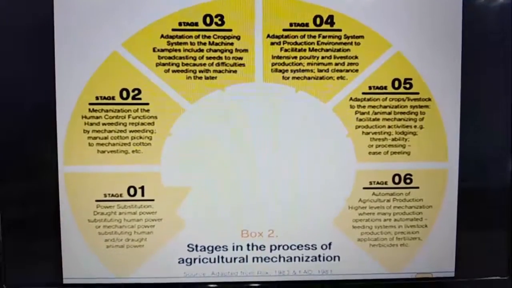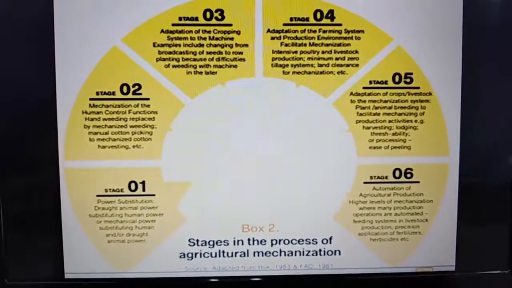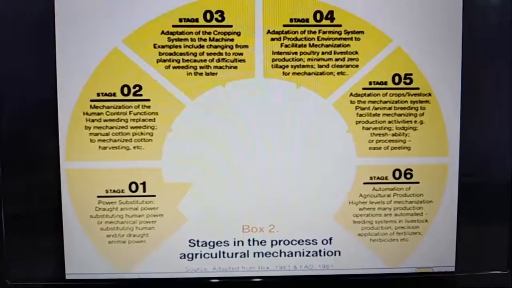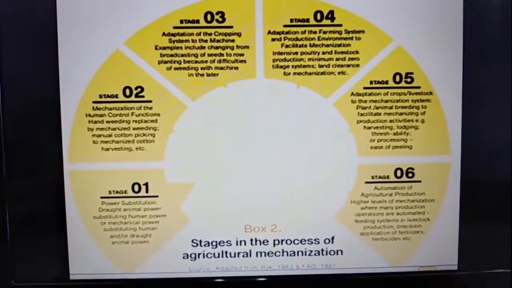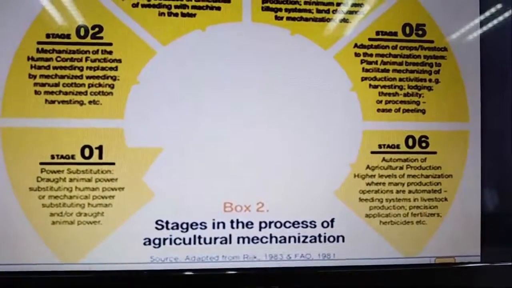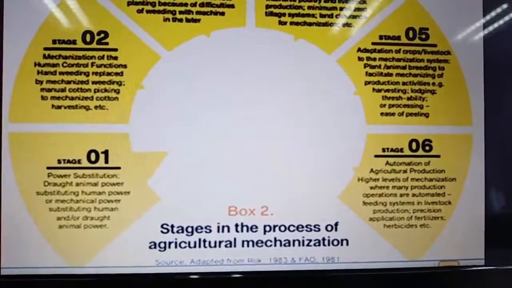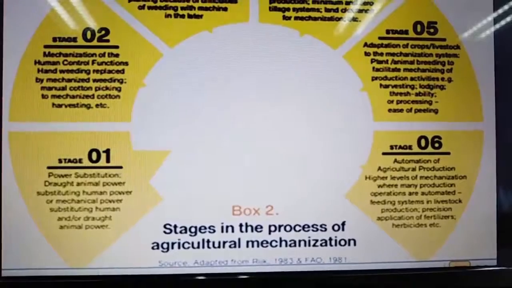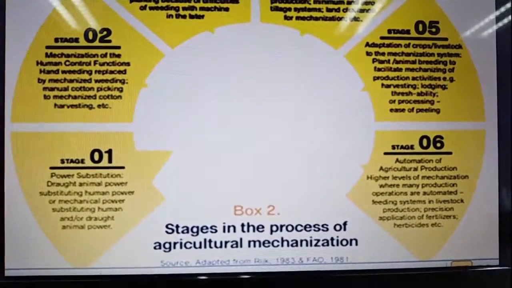Last but not least is the 6th stage, the automation of agricultural production, which means higher levels of mechanization where many production operations are automated. Feeding systems in livestock production and precision application of fertilizers are all automated by mechanization.